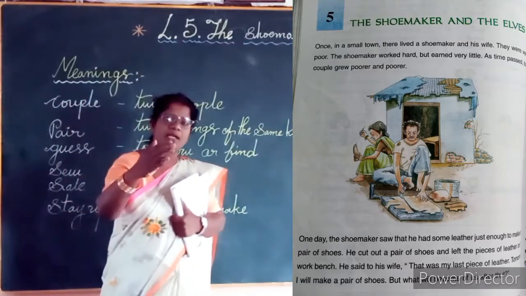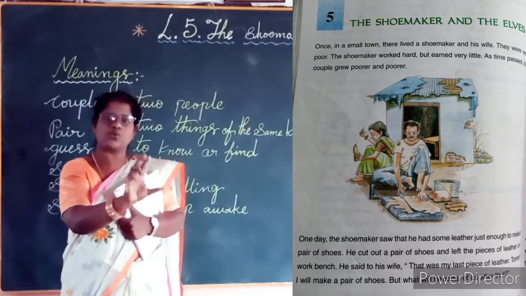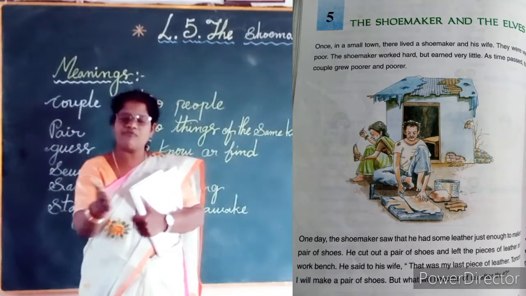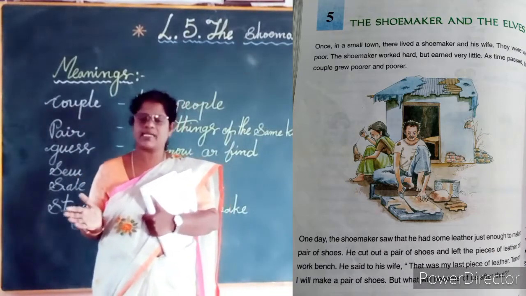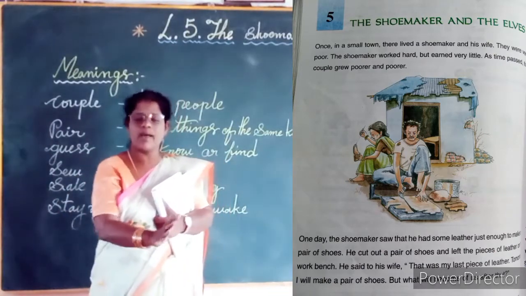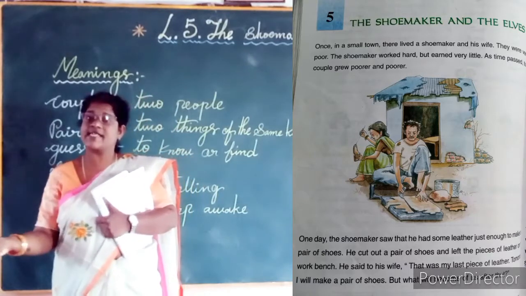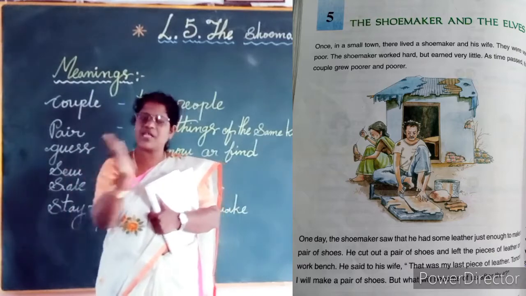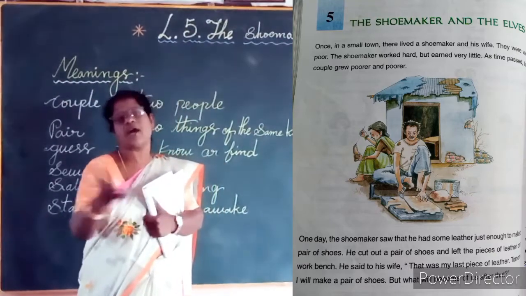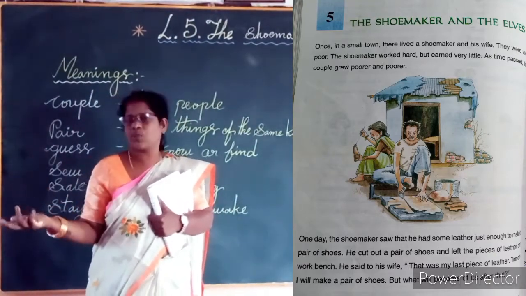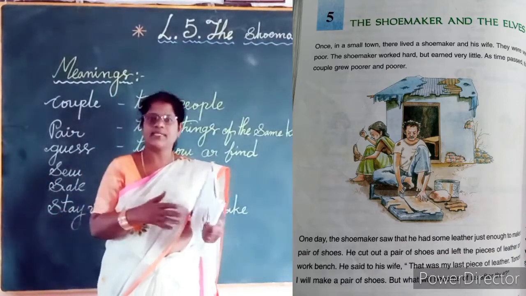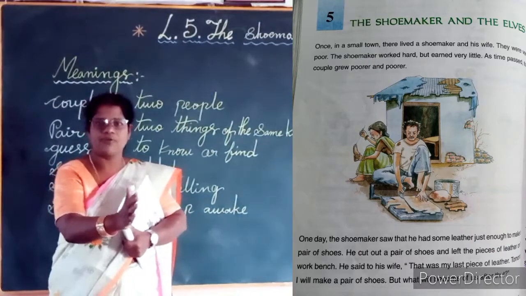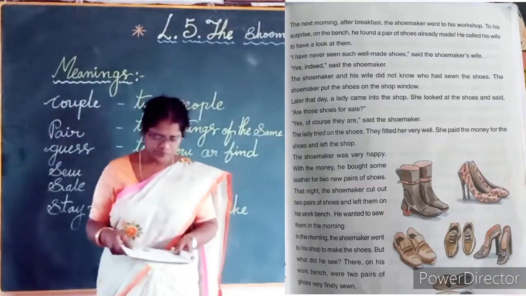In the same manner, the shoemaker is thinking: if I use this leather to stitch shoes, what will come for us the next day? I can buy another leather piece. He is thinking like that and discussing with his wife.